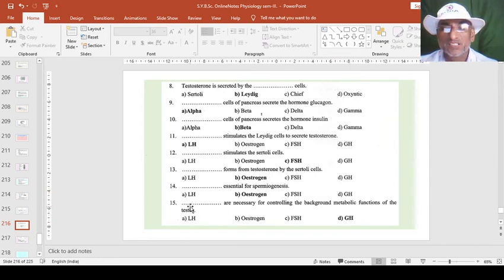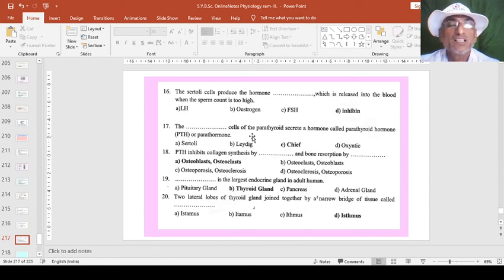Growth hormone GH is necessary for controlling the background metabolic functions of the testes. The Sertoli cells produce the hormone inhibin, which is released into the blood when the sperm count is too high.